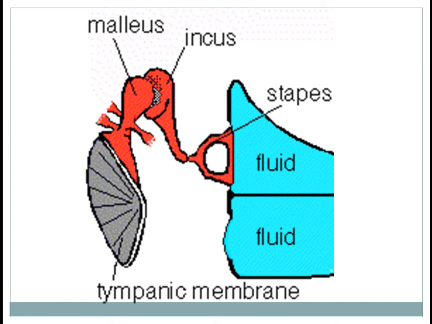They move in such a way that they move the fluid inward every time, and from the other end, that is the round window, the fluid moves outward slightly. The change produced in this fluid is the basic theory by which the receptors present here are stimulated and the sound is conducted to the brain.